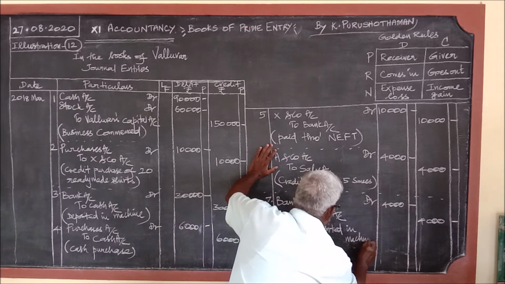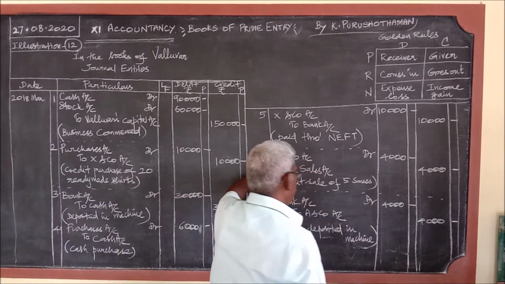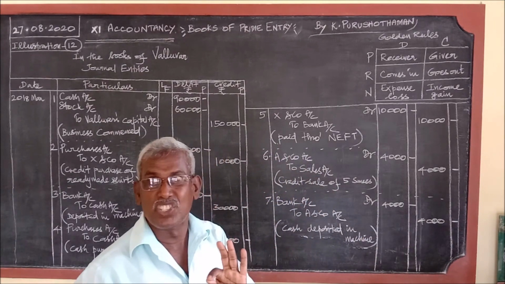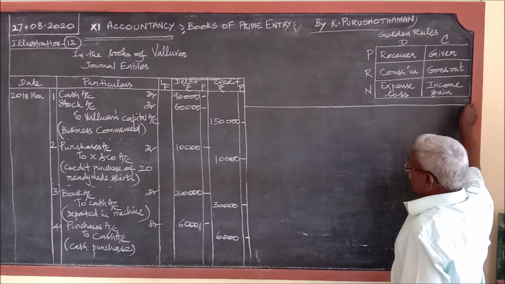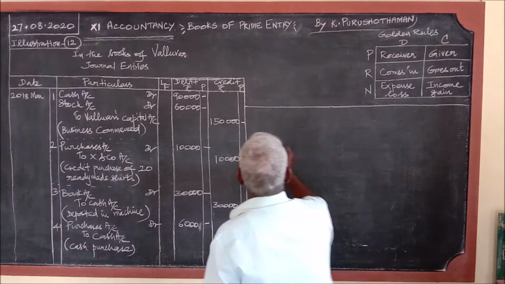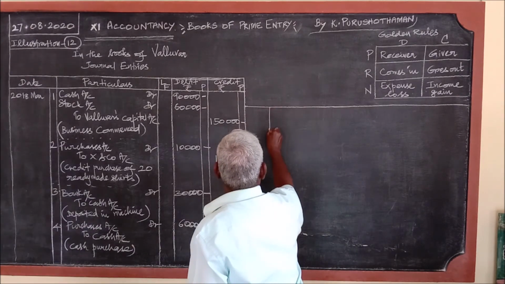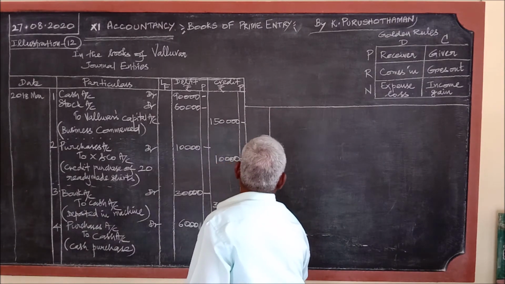That is the deposit machine. Cash deposited in machine. I draw necessary columns only here.